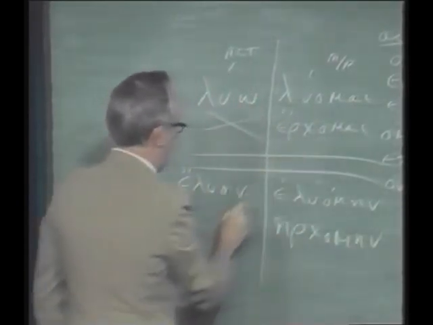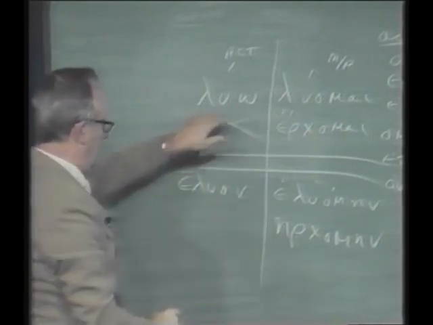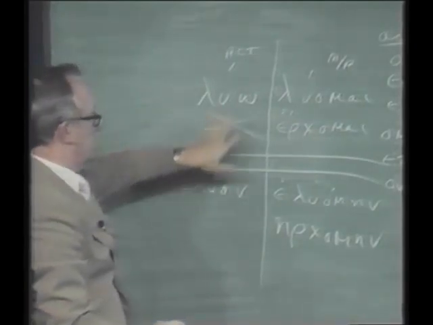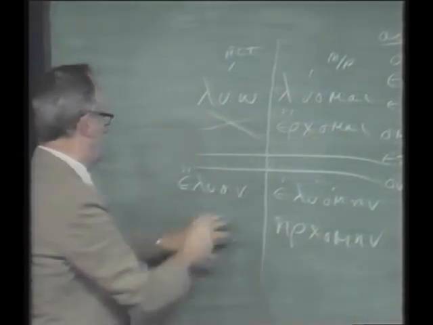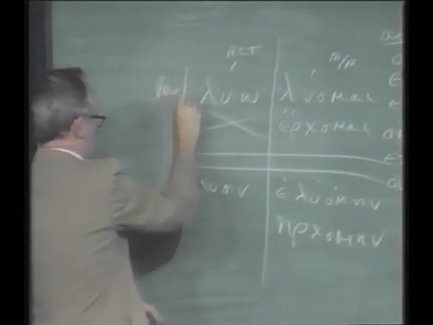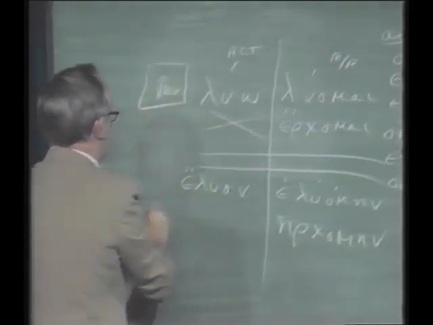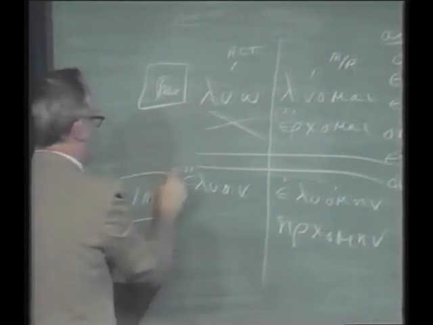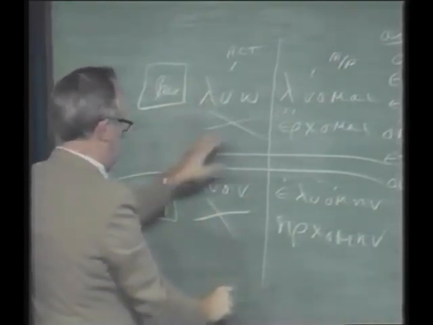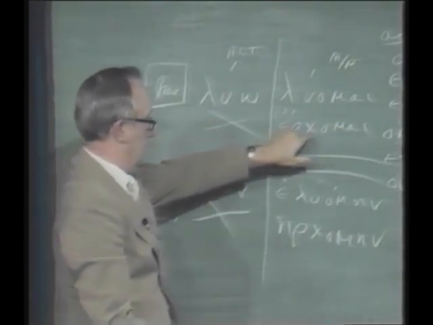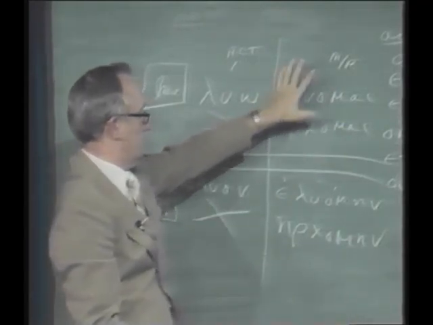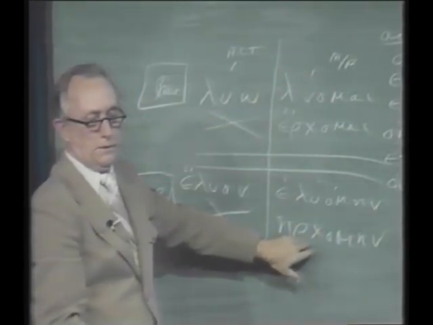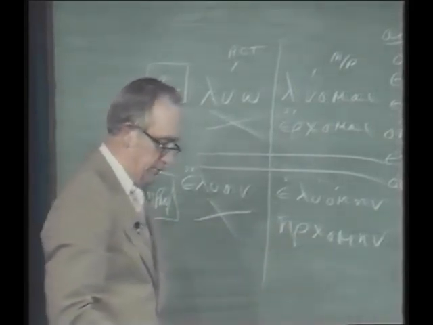See, there is no form over here. There's no active form in the present, so there can be no active form in the imperfect. So the present will dictate what you do in the imperfect. None here, none here, none here. Erchomai, if it's a deponent in the present, it will be deponent also in the imperfect. That's what paragraph 144 is saying.